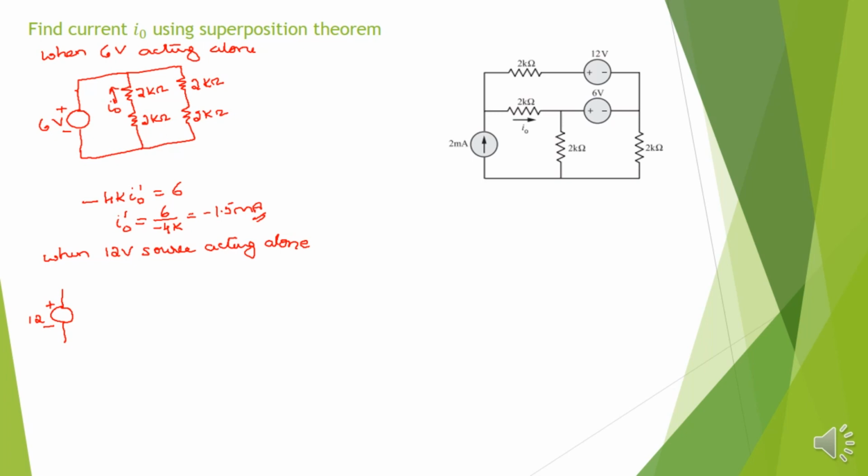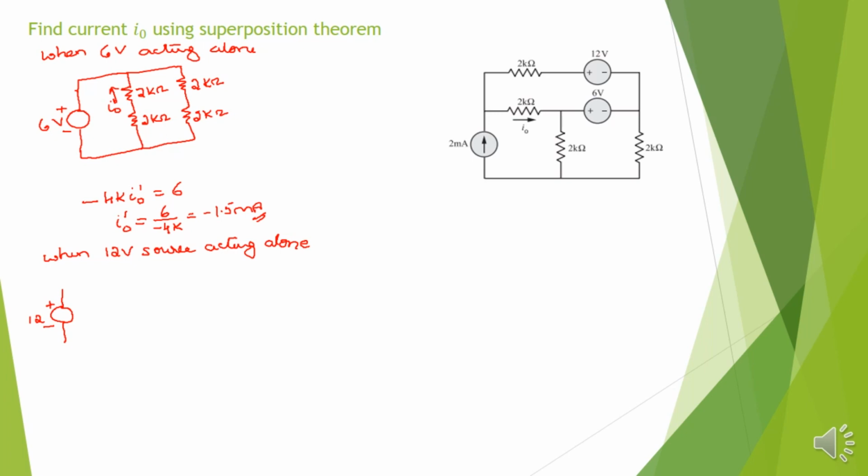So what happens to this? This 2 kilo ohm and 2 kilo ohm are connected in series, correct? Then these two are connected across the short terminal, so no use. Whenever a short terminal is connected across a resistive element, it can be neglected.